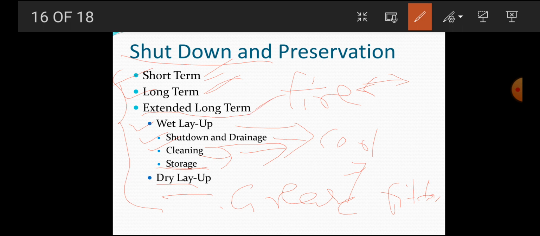In extended long term, we can shut down in two ways, wet layup and dry layup. In wet layup, chemically treated water is stored in the boiler, while in dry layup all the water is drained and no water is stored. So these are the steps of shutdown.